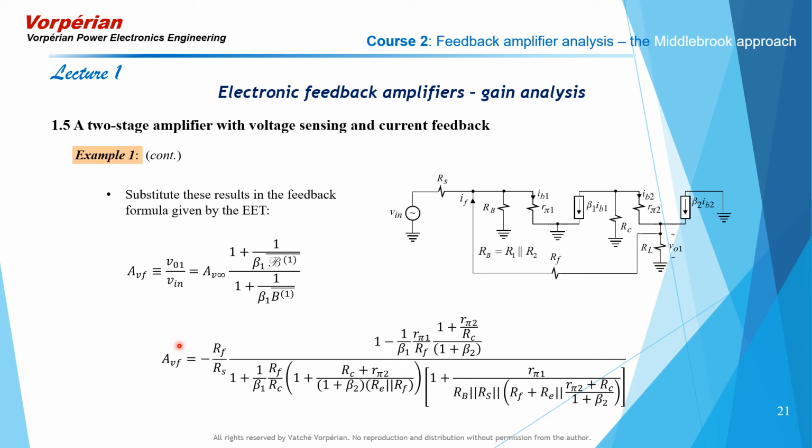Now, what that means is that as β1 goes from infinity to 0, the sign of AVF changes from negative to positive. With β1 infinite, we have a negative gain, actually given by minus RF over RS. When β1 goes to 0, the gain becomes positive. However, that is not even a gain, that turns out to be an attenuation.